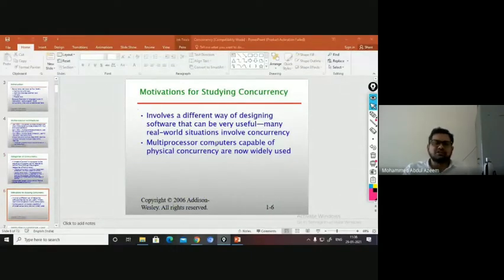Motivation for studying concurrency. See, as we have got a lot of tasks to be carried out at our fingertips, now, after the technology has advanced over time, we are becoming impatient. We don't want to wait even for a while for our requested task to be done.